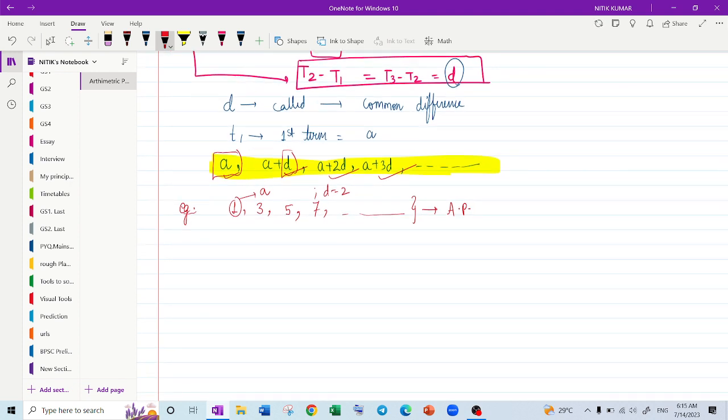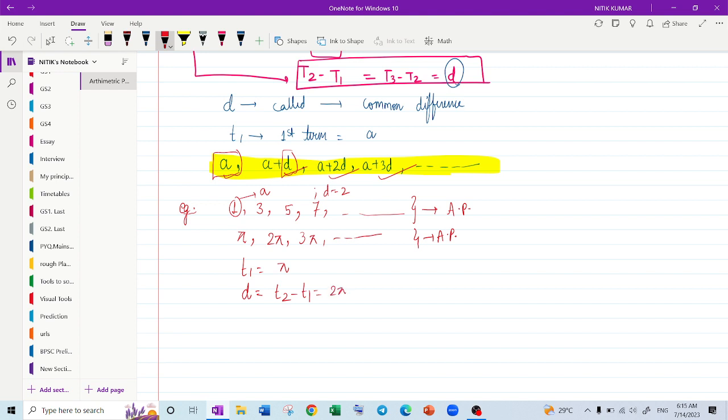Suppose I am writing pi and I keep adding pi to it, it will become 2 pi and further 3 pi. So this is an AP. Our first term T1 is pi, and for the calculation of D, we will use the formula T2 minus T1.